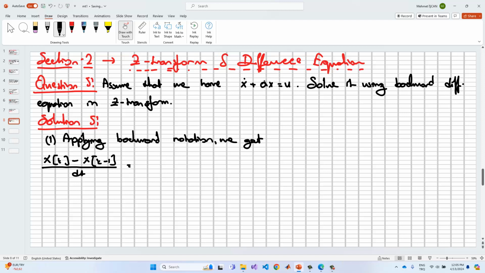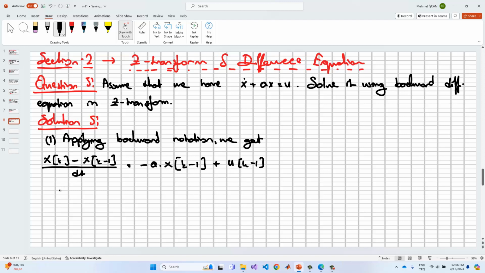This is the solution of this term. x dot is equal to minus ax plus u, and we can write minus a x[k minus 1] in the backward notation, because we have the past value in here. This is the future value. And so plus u[k minus 1].